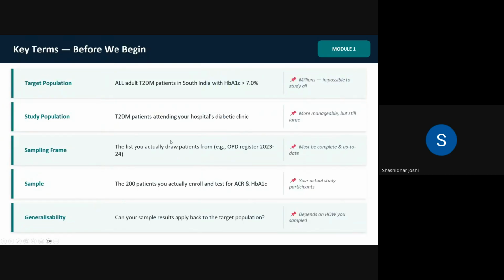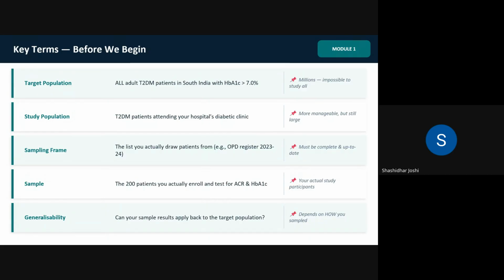Now, how do we select a sample from a bigger pool? As I told you in the previous slide, if done correctly. Now, what do you mean by if done correctly? This slide will tell you the reason behind it.